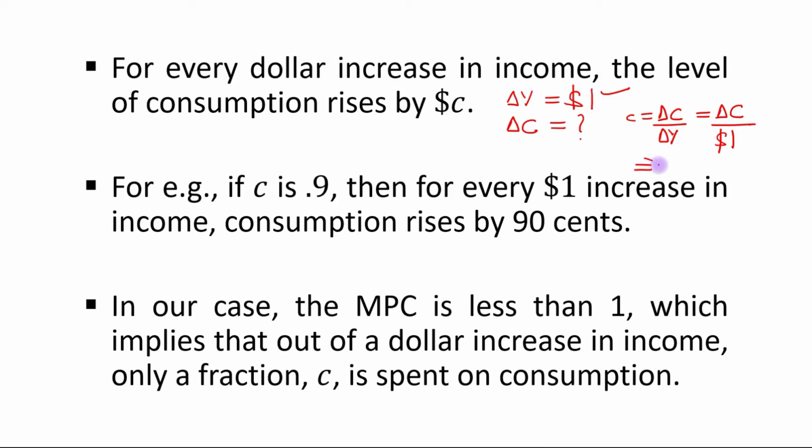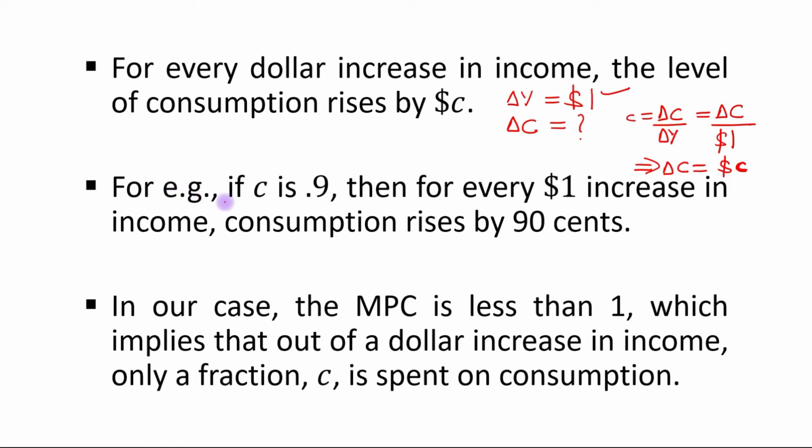So the change in consumption is $c or $MPC. So when the increase in income is $1, then the increase in the level of consumption will be $MPC, the marginal propensity to consume.